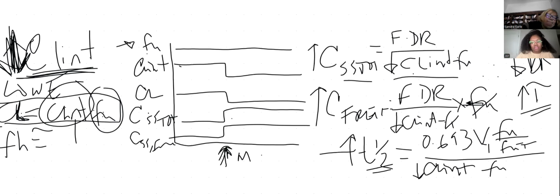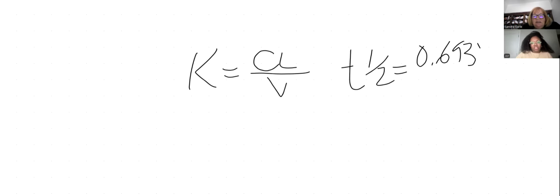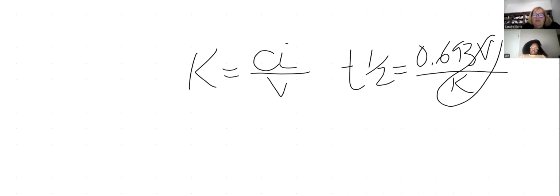Because I always get that confused also. K is clearance over volume. Okay. And it's really just the inverse of half-life. Half-life is 0.693 volume over clearance, or 0.693 over K. See, these are just inverses of each other. And then you just stick this on there because of the natural log.